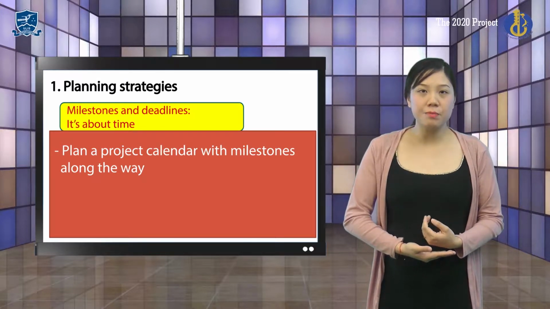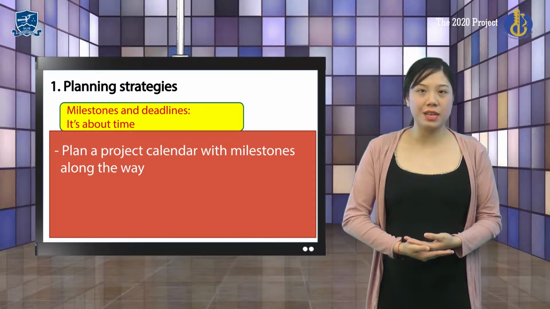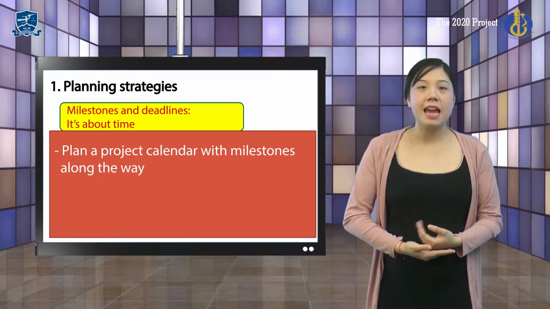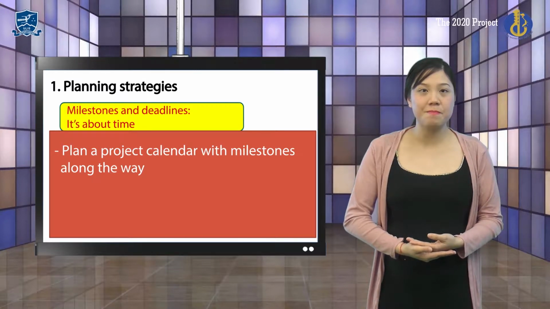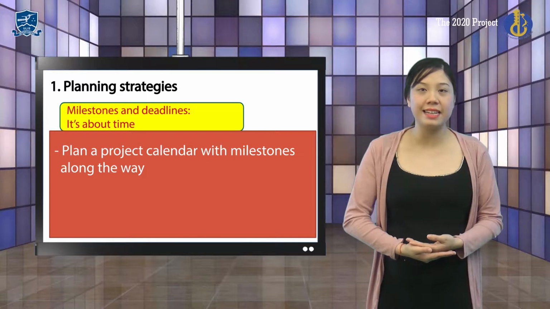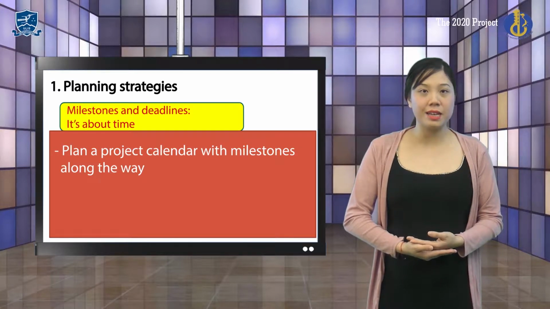If you are planning a project that lasts several weeks, chunk big tasks into smaller and more manageable pieces. Make sure students are aware of the smaller deadlines they will need to meet along the way.